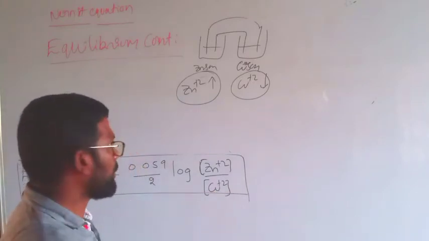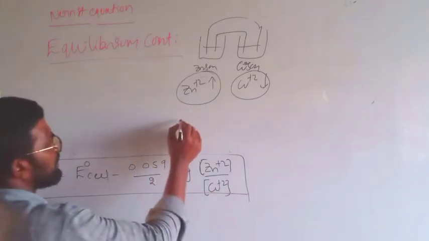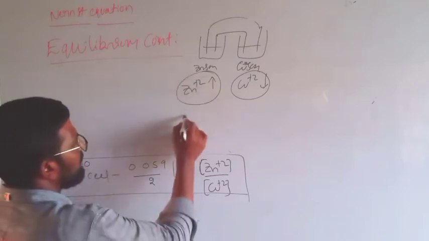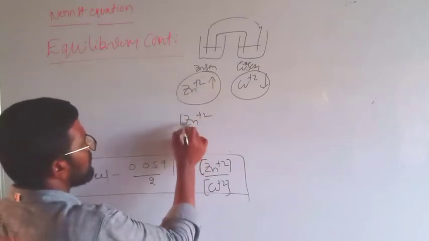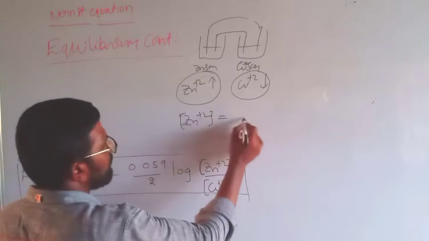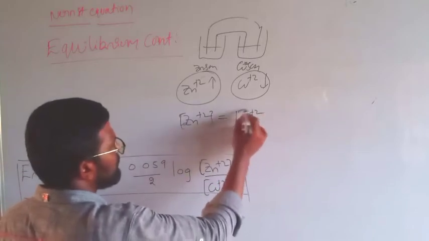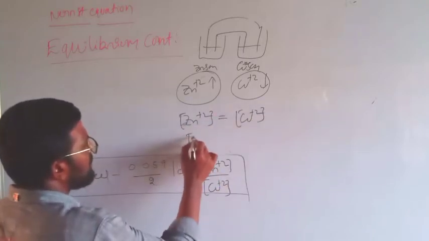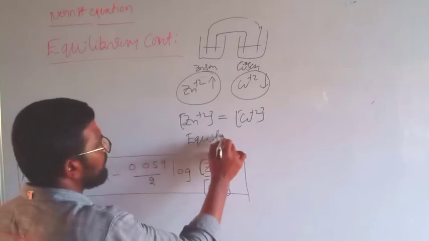But at a certain point of time, both the molar concentrations become equal, that is, molar concentration of Zn plus 2 becomes equal to molar concentration of Cu plus 2. That situation is called equilibrium.